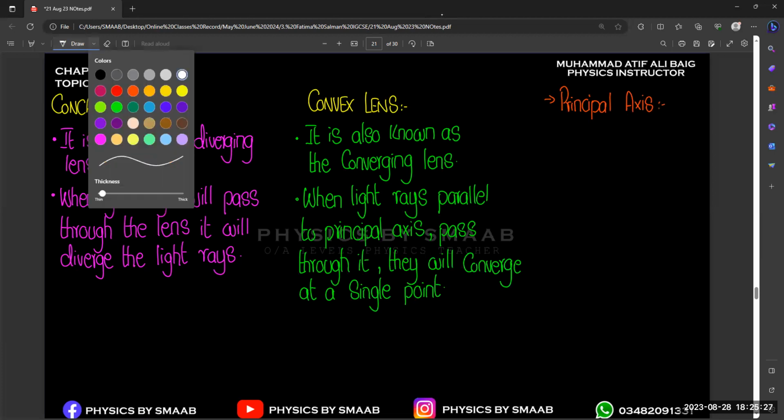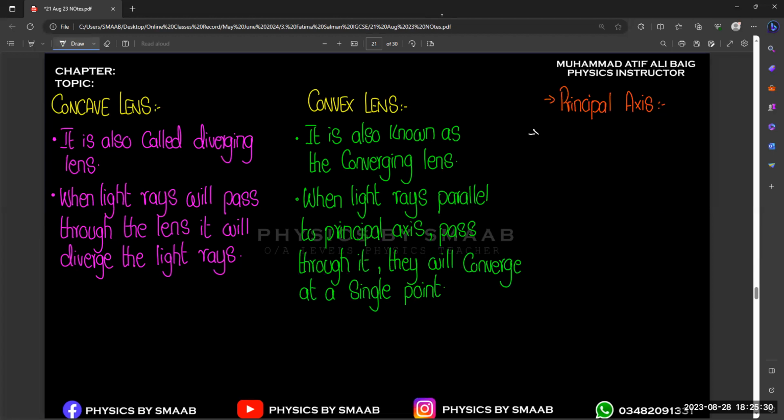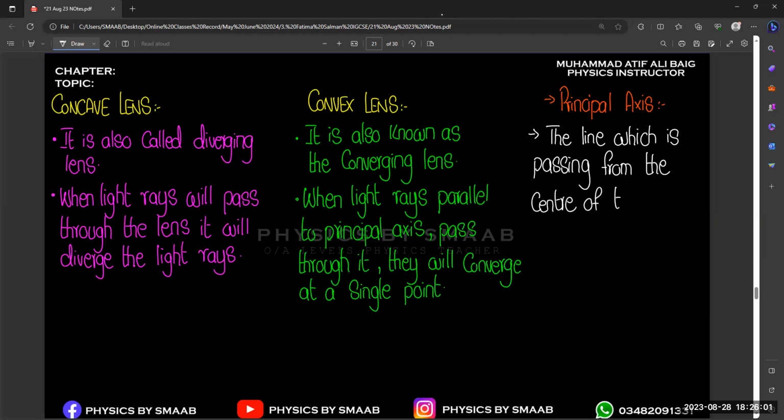Principal axis means the line which is passing through the center of the lens is called the principal axis.